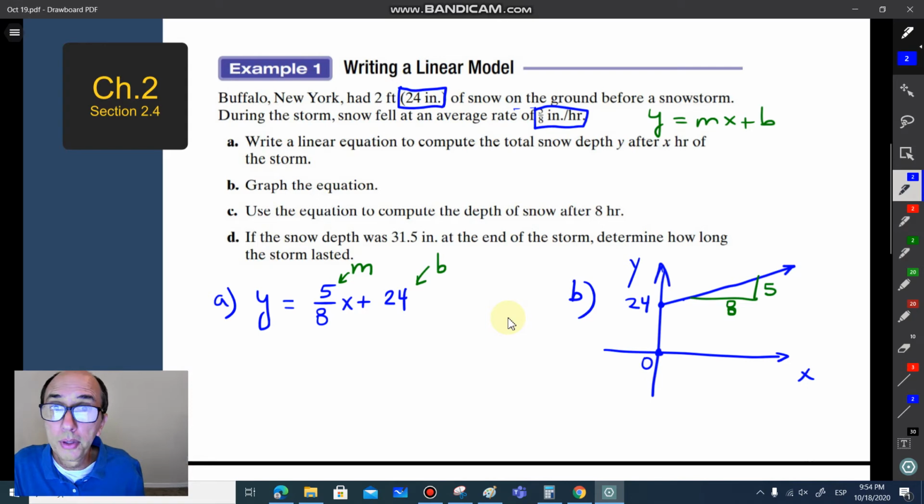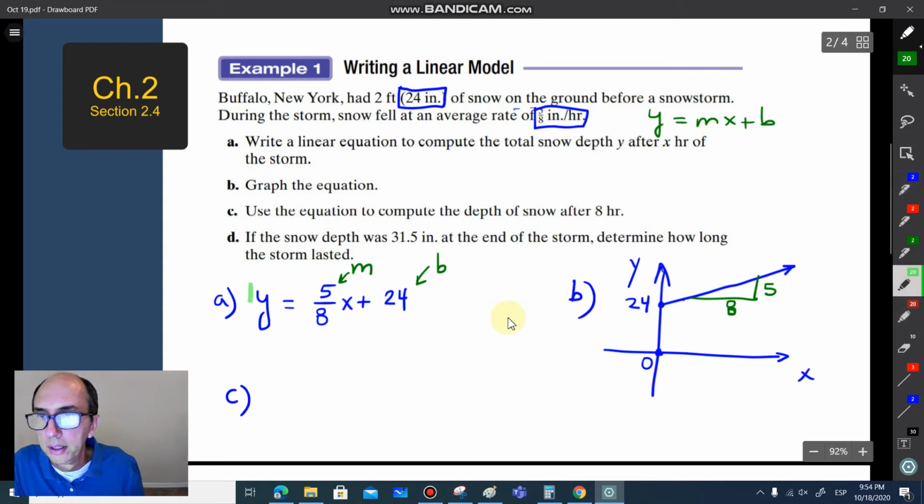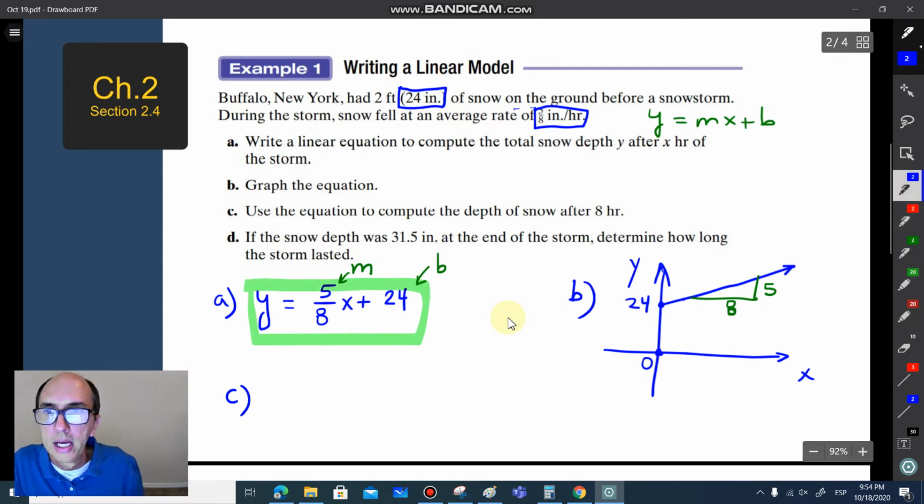C. Use the equation to compute the depth of snow after 8 hours. And that is what we're going to work today on our quiz. Use the equation, and the equation is right here. This is the equation that we're going to use. The depth of snow after 8 hours. X is the time, so x equals 8 hours.